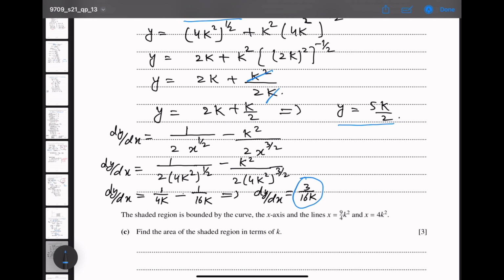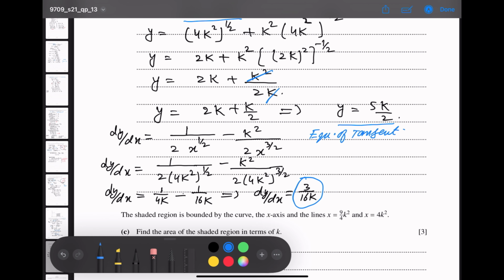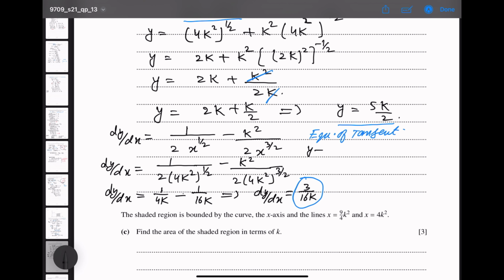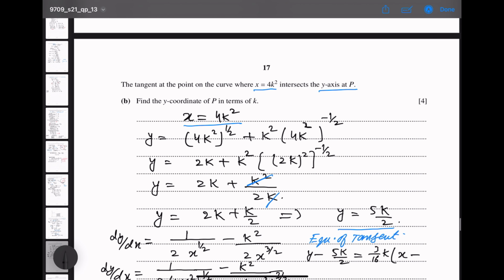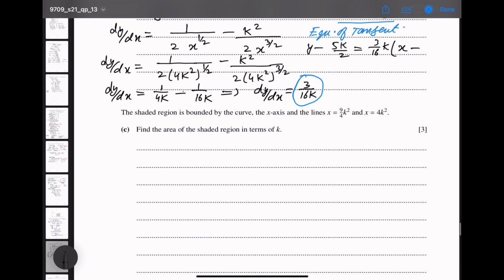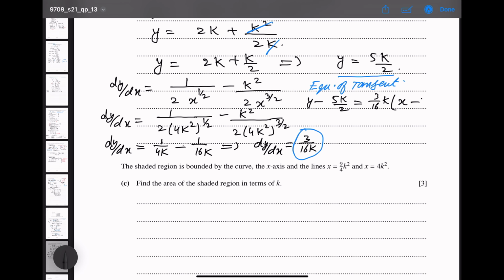So the equation of tangent will be y minus y1 is 5k over 2, equal to gradient 3 over 16k, times x minus x1, which is given, that is 4k square. So this is the equation of the tangent.